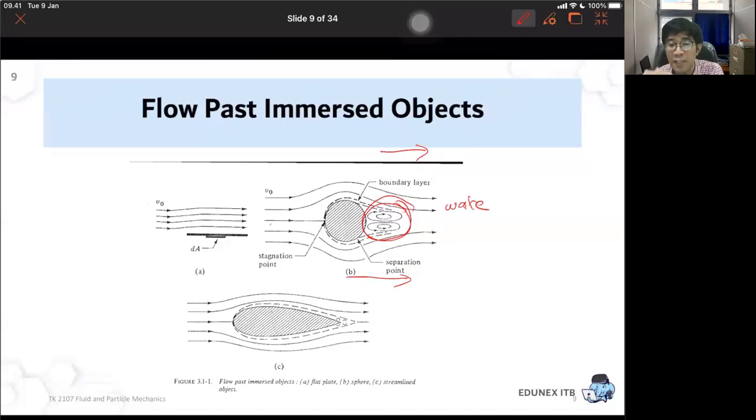It will be divided, right? The flow will be divided into upper and lower areas. Before the fluid joins again in the continuous flow, there will be some wake, some turbulence that occurs behind the particle. The effect is there will be some additional pressure in this part.